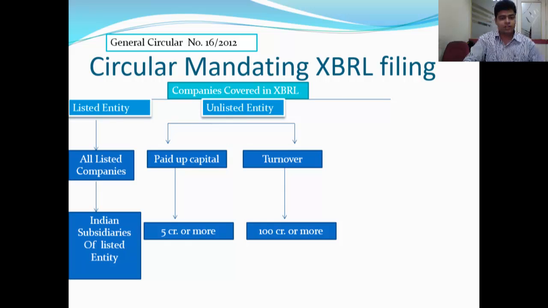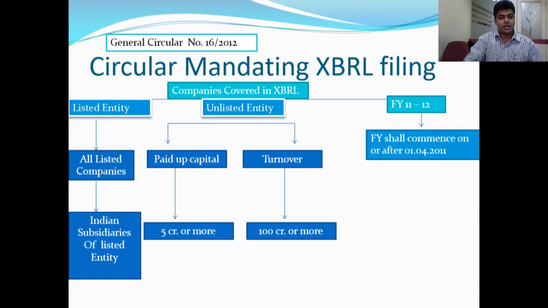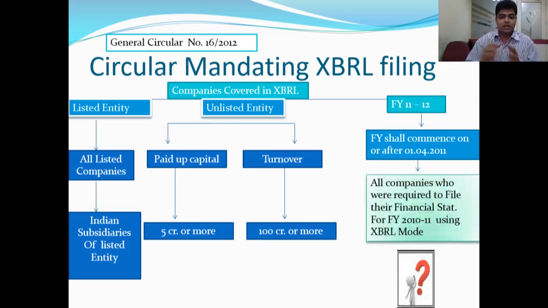Another circular which comes in 2012, General Circular number 16 for financial year 11-12, says that if my financial year starts from 1st April 2011, then I have to file my financial statement in XBRL mode by using the CI taxonomy 2012.